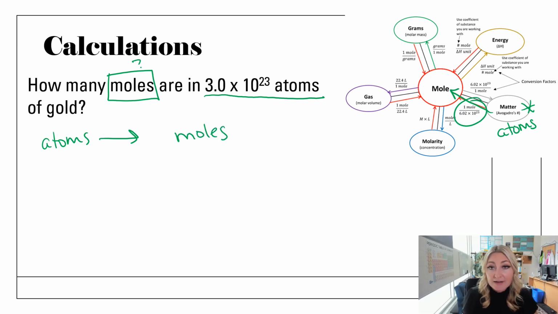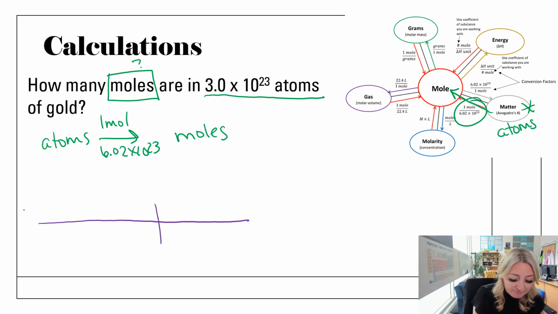The conversion factor, according to my mole map, is I'm going to have 1 mole of gold per 6.02 times 10 to the 23rd atoms of gold. So again, I've pretty much set up my problem for myself here. I'm going to go ahead and plug in actual numbers into a T-chart.